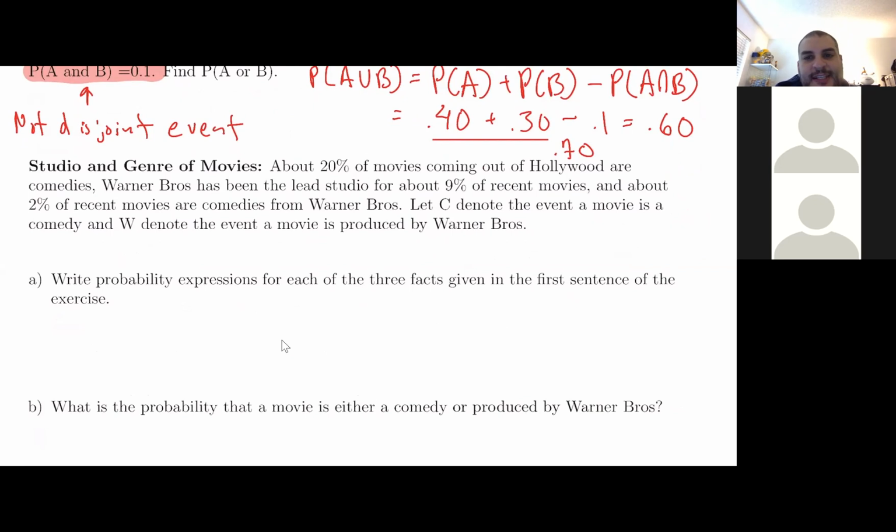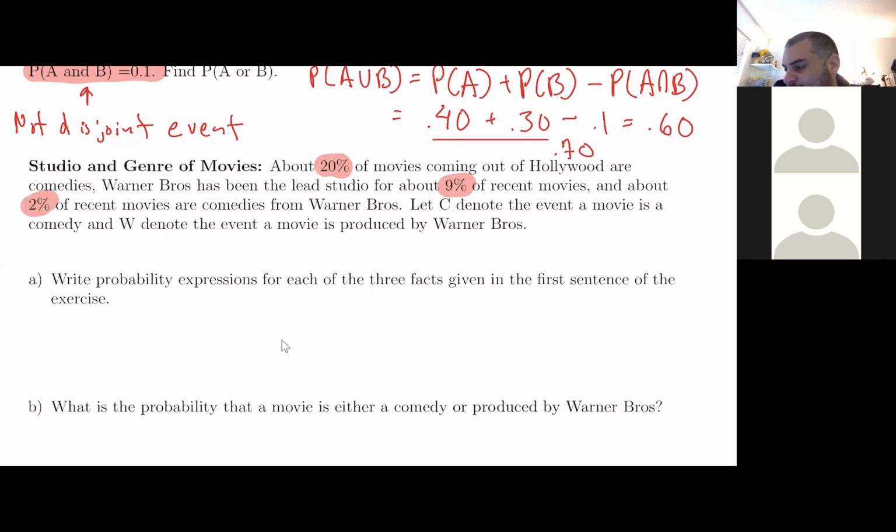Let C denote the event a movie is a comedy, and W denote the event a movie is produced by Warner Brothers. For part A, it says write a probability expression for each of the 3 facts given in the first sentence of the exercise. So the 3 facts are the 20%, the 9%, and the 2%.